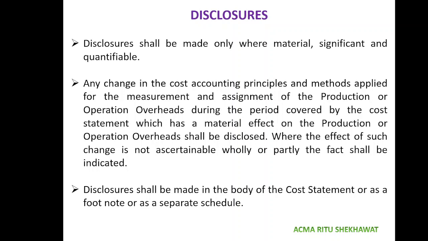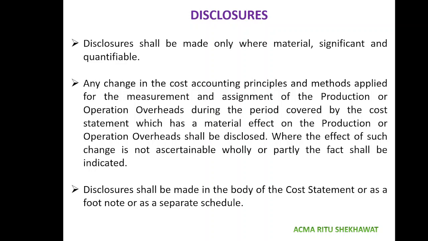Any change in the cost accounting principles and methods, we have already studied in a few PPTs back. If there is any change in accounting principles that satisfies these three conditions, in methods for the measurement or assignment of production or operation overhead during the period covered by the cost statement, which has a material effect on the production overhead, it shall be disclosed. If changes have been made, these three conditions have been satisfied, and the auditor is satisfied and allows it, then we have to disclose in our statement that these cost accounting principles have been changed.